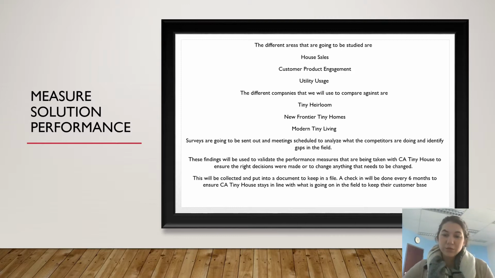From those metrics, we were able to identify some things that we could do to get ourselves to the benchmark and some of the things we surpassed on. So it was very useful information. We also sent out surveys, and we met with these people to gather more information on what we can do to better achieve those benchmark numbers.